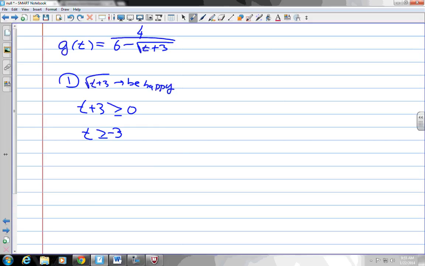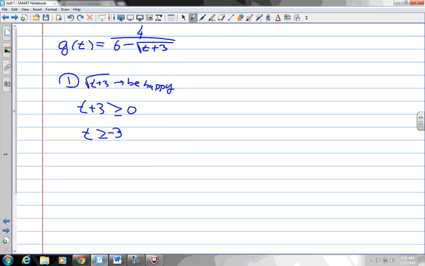If it's equal to negative 3, you'll get 0, but you still have a 6, so it's 4 over 6. But you're right, if it was just 4 over the square root, I would have to make it strictly positive, because you cannot have 0. But since I have that 6, that's not being affected by that square root.